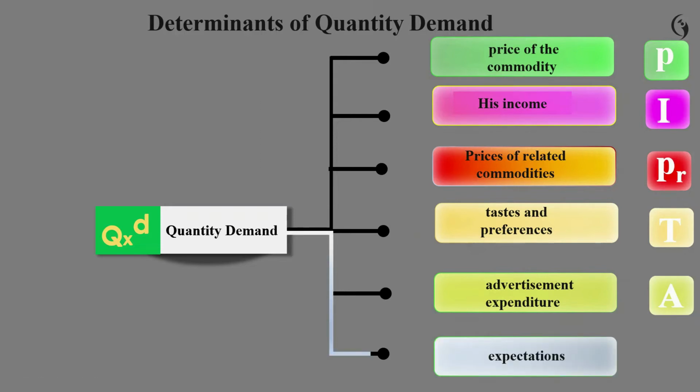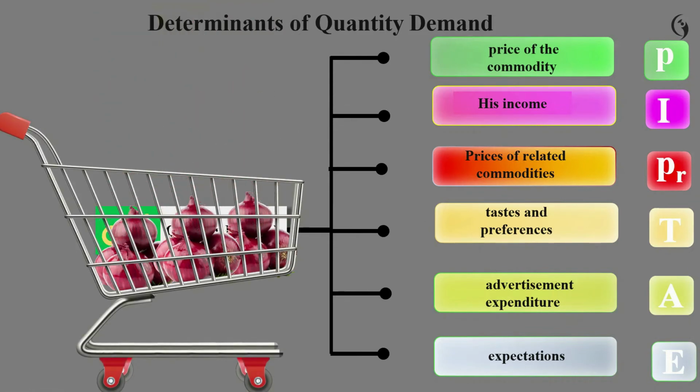The last one is expectation regarding the price and availability of goods, which we denote by the letter E. For example, if the price of onion is going to increase in the coming days, the consumer will buy more onion. Or another example, if we feel that the availability of onion is going to be less in the coming days, the demand for onion may rise. So expectation is another important determinant of quantity demanded.